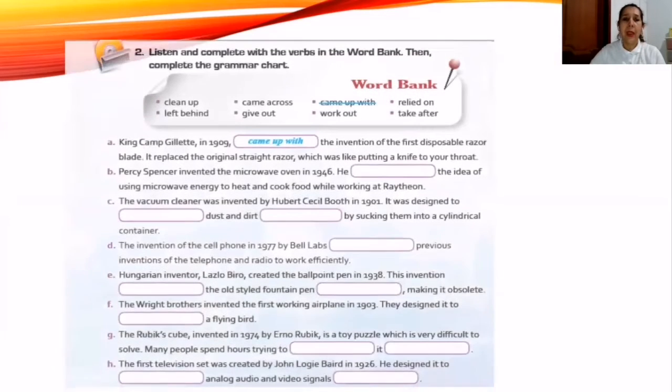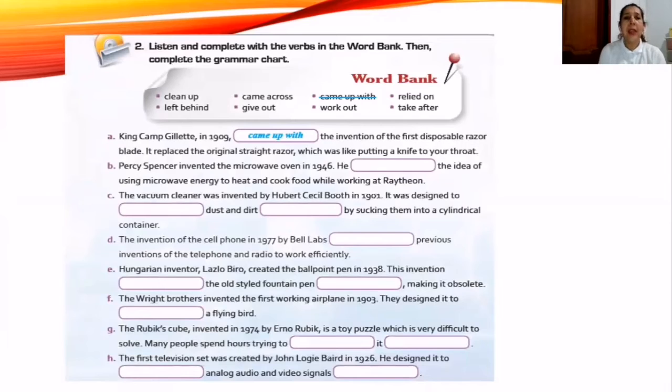Then, in the listening part, they are going to complete with the verbs in the word bank and complete the grammar chart. For example, in this case, they are going to read and listen and pay attention to which phrasal verb goes into each blank space.